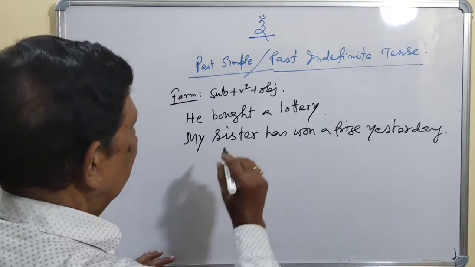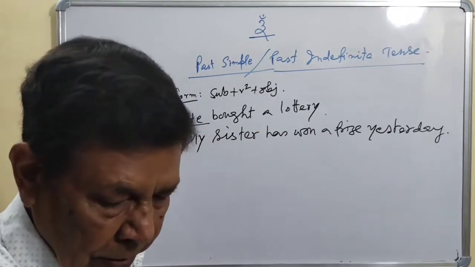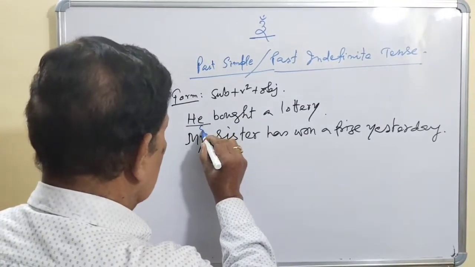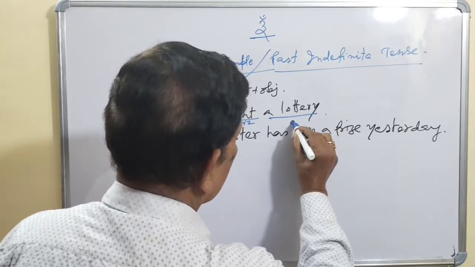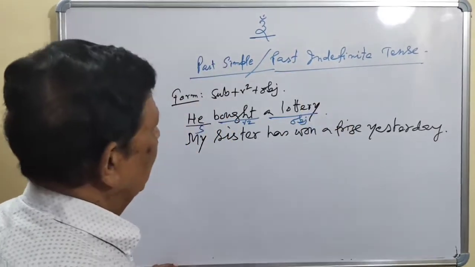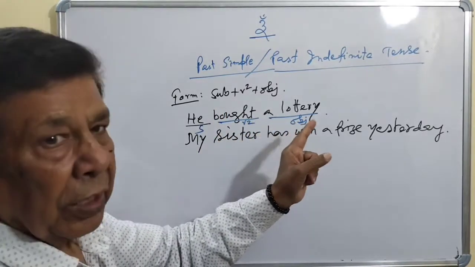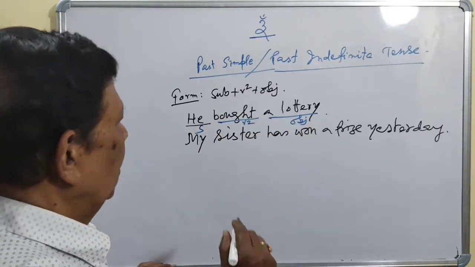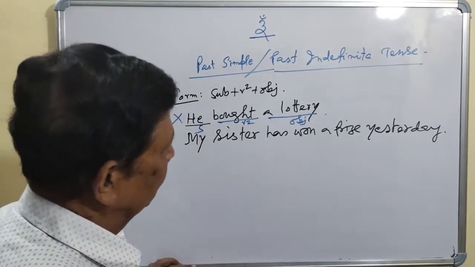What I am telling you here, according to the form, here it is he subject, bought V2, a lottery, that is object. Whatever is given in the form, everything is present here. He bought a lottery. But remember, this is not a correct sentence.